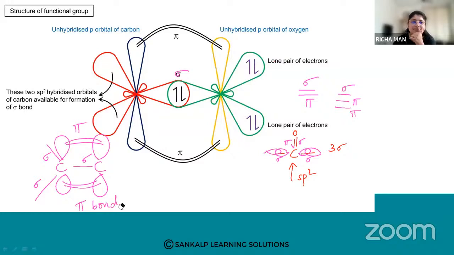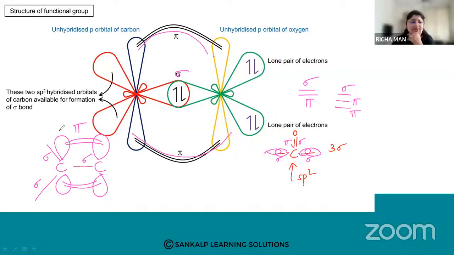So how is the pi bond formed? By taking the unhybridized orbital. You can see here, one of the unhybridized p orbitals will get combined with the next atom. Two unhybridized p orbitals will overlap with each other to form a pi bond.